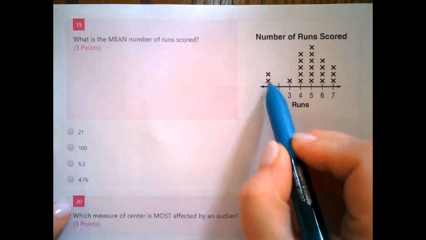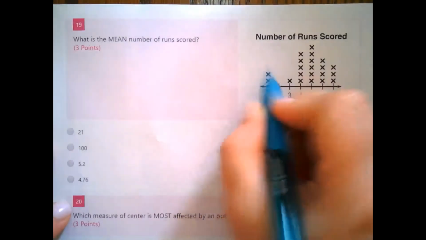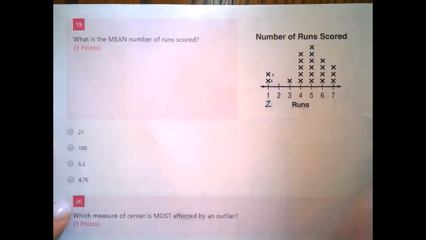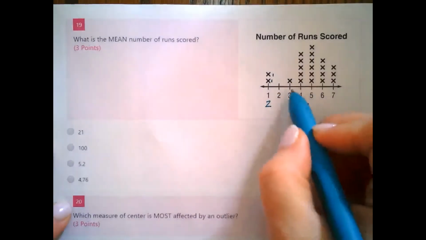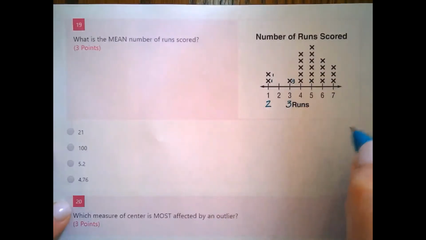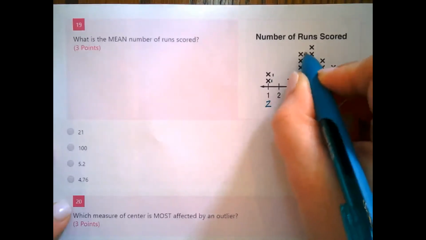Each of these people had a certain number of runs they scored. These people each had 1. So for a grand total, this column has 2 runs total. When you look at number 3, one person had 3. So there's a grand total of 3. Each of these people had 4 runs that they scored. And there are 1, 2, 3, 4, 5.